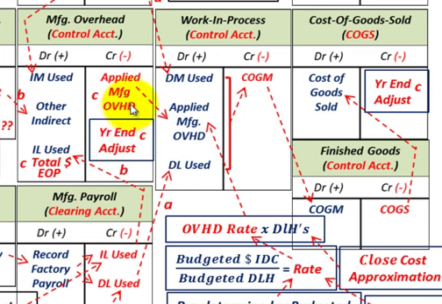Okay, so nonetheless, we've gone through this job order costing. The big item is just looking at this manufacturing overhead control account and your work in process control account. In the manufacturing overhead control account, you're going to have debited all those indirect costs, your indirect overhead costs.